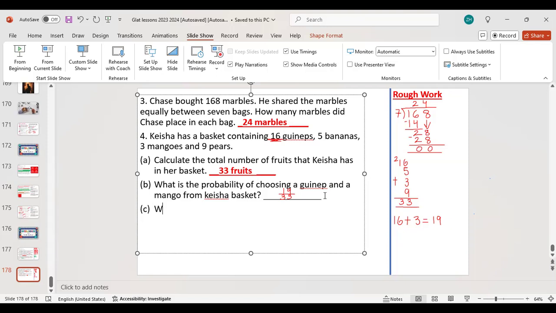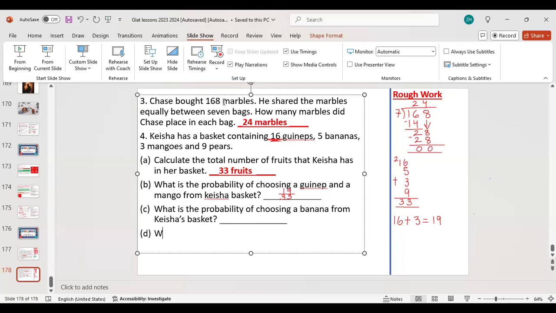So what is the probability of choosing a banana from Keisha's basket? What is the probability of choosing a banana from Keisha's basket?